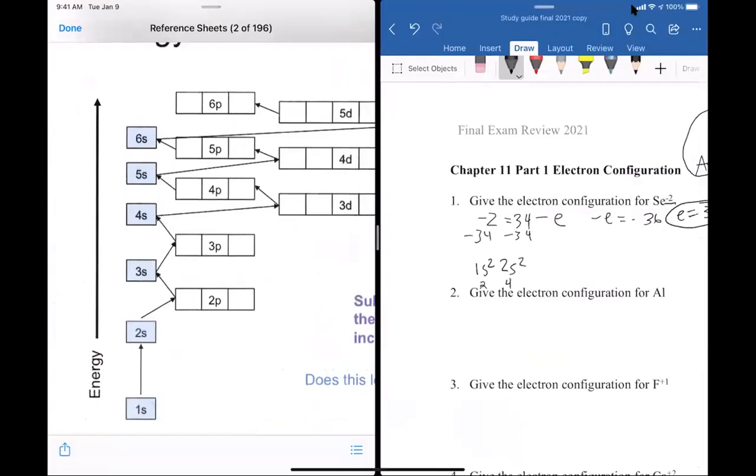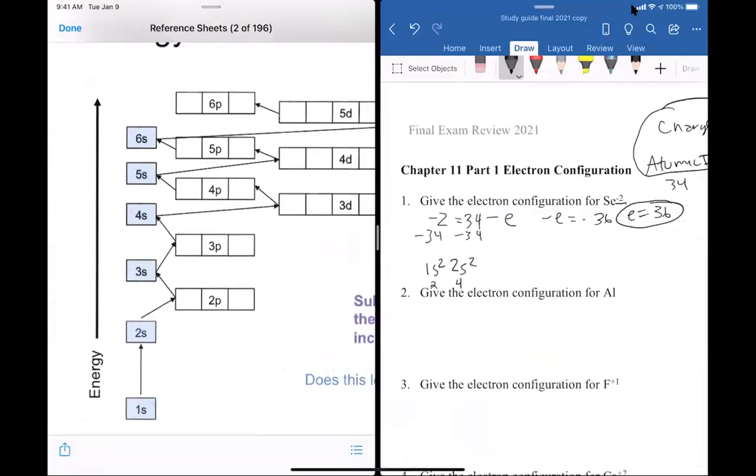Remember we want 36. After 2s, we have 2p. How many can we fit there? Well, we have 3 boxes, so that's 6. So that's 10 electrons there, because what I'm counting is the exponents.